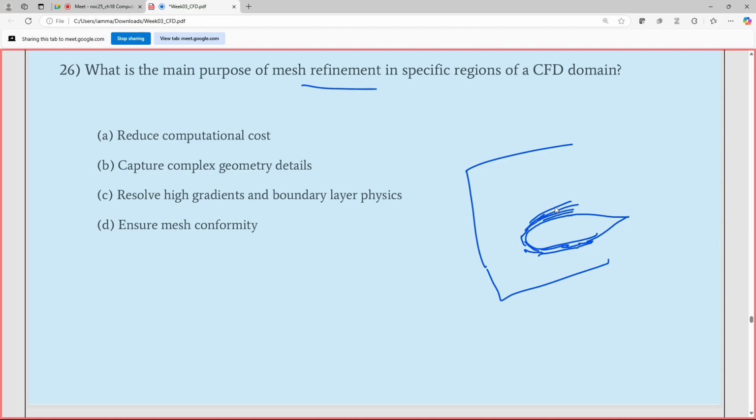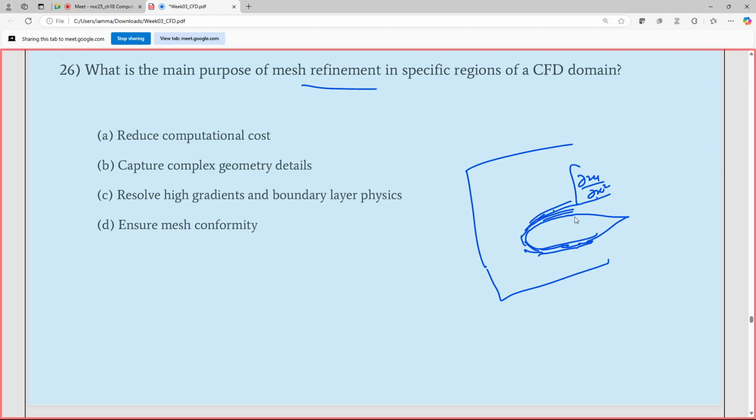But high gradients, because if you see the viscous terms, where there is ∂²u/∂x² and all those higher order terms, these can only be calculated where this dx, that is delta x squared, becomes so small.